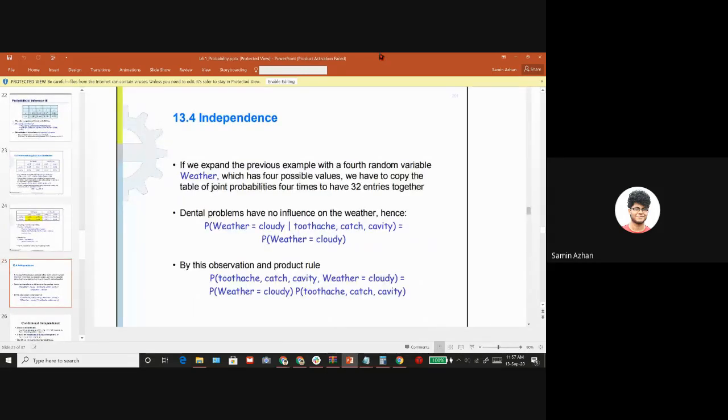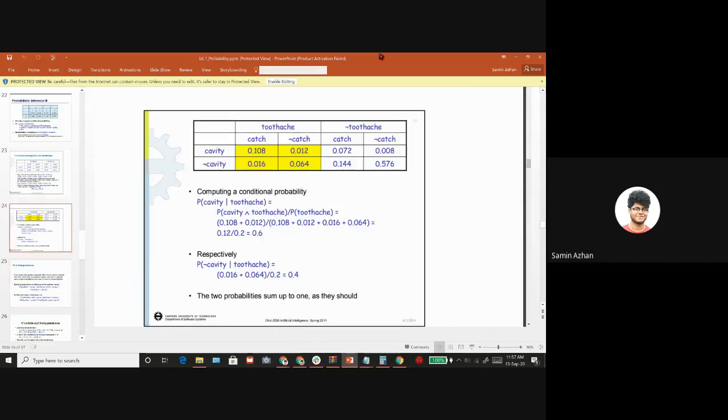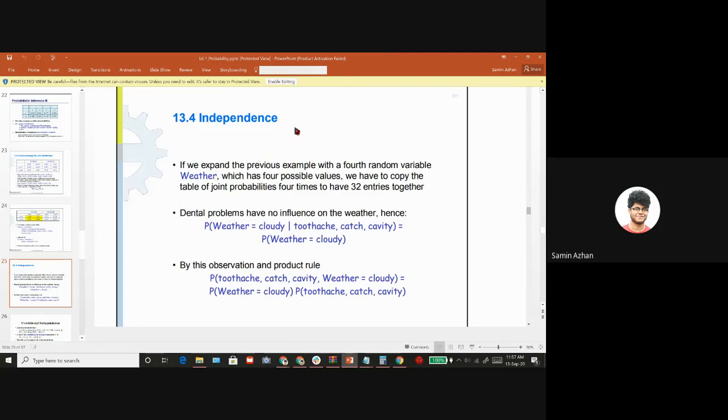So now comes independence. What independence means is that, let's say we're trying to calculate the probability of cavity, depending on toothache and catch. However, we're introducing a random variable called weather. Now, weather is completely irrelevant for calculating cavity.